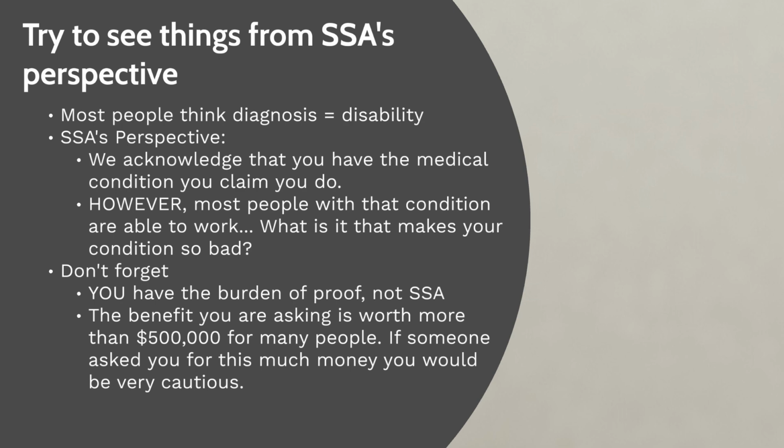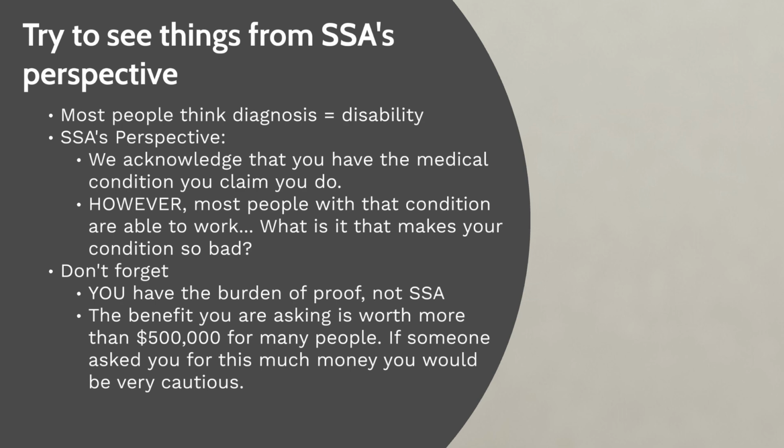So it's all about showing them that your condition is not like what most people have, that your condition is significantly worse than average, or that you have a combination of conditions that affect you in a way that prevents you from working. Okay, and that's really what these cases come down to.